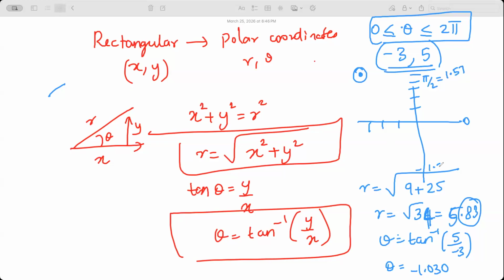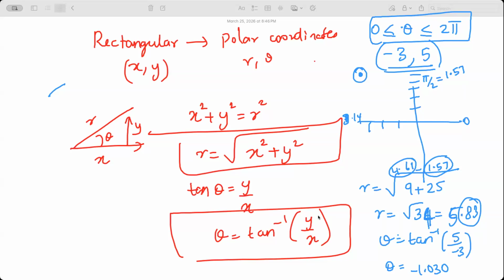This is minus 1.57 radians. This is pi radians, which is 3.14 radians. Otherwise, this is 3 pi by 2, 1.5 pi. So this will be 4.71 radians or minus 1.57 radians, right?